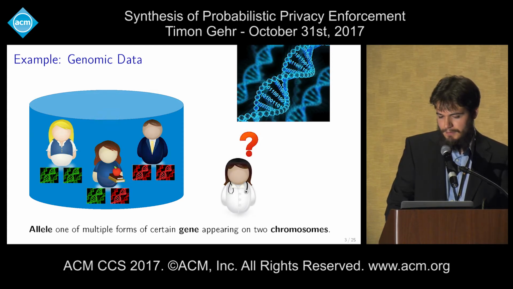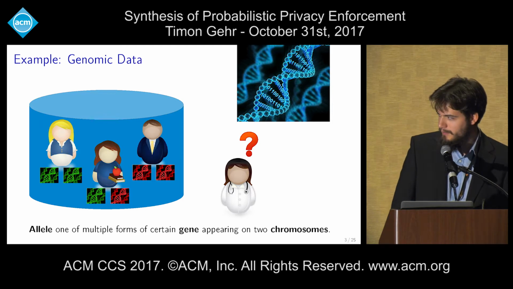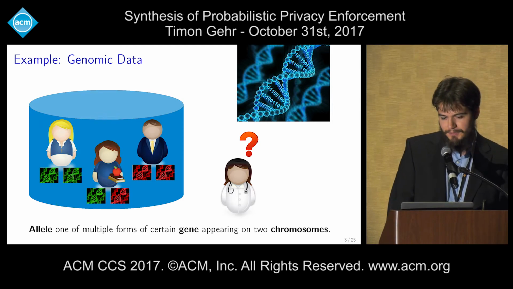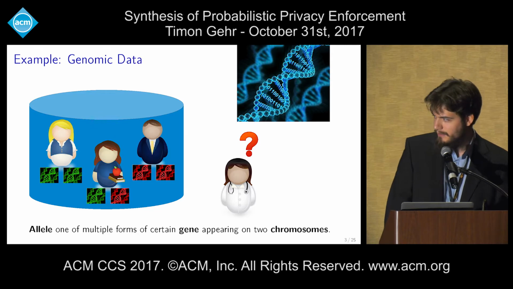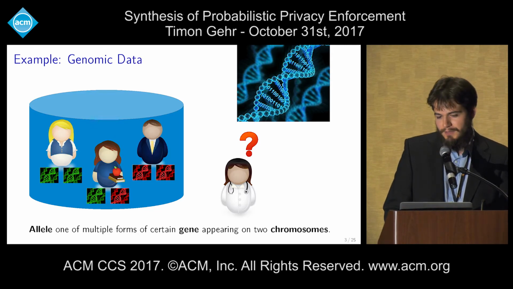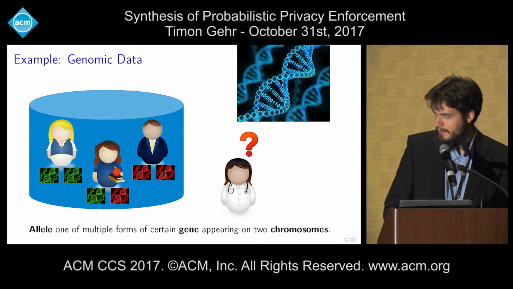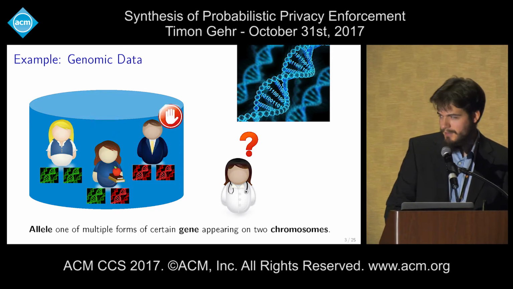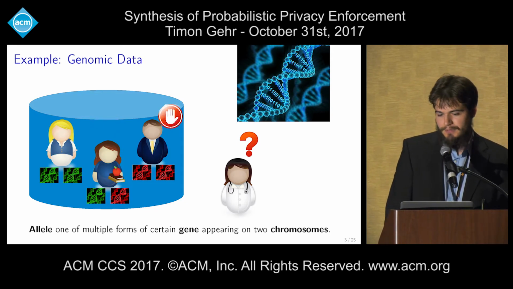And there is this person that we'll call Dr. Eve that has some research question about this data. Never mind her name, we will assume that her intentions are actually good, but still Bob is a little bit concerned and doesn't want to make his data public.